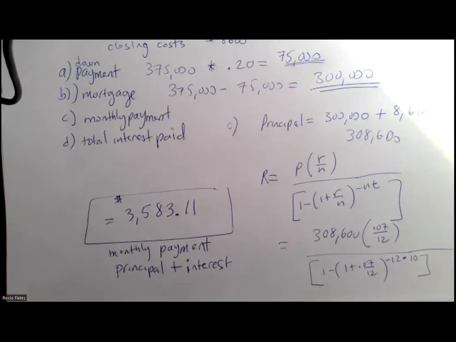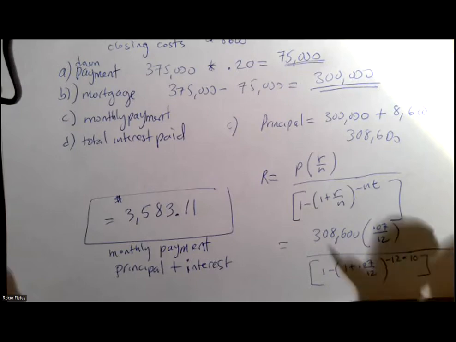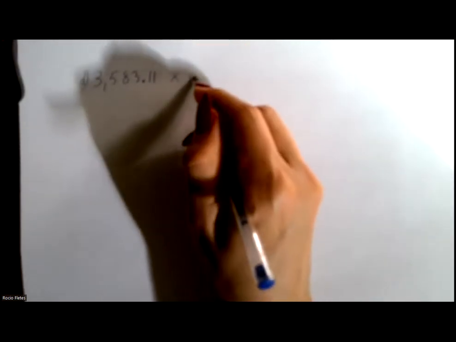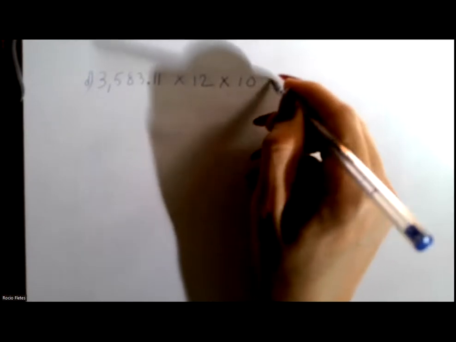So we're going to take the 3,583.11. Let me turn the page here so you can see. Okay, this is the last part, part D. 3,583.11 times 12 months and times 10 years.